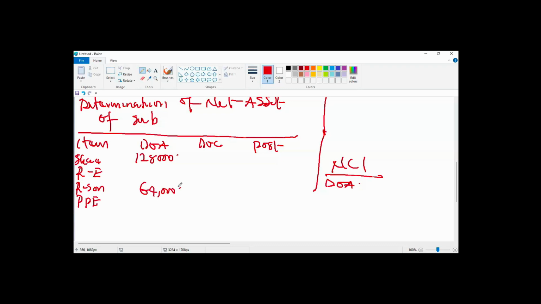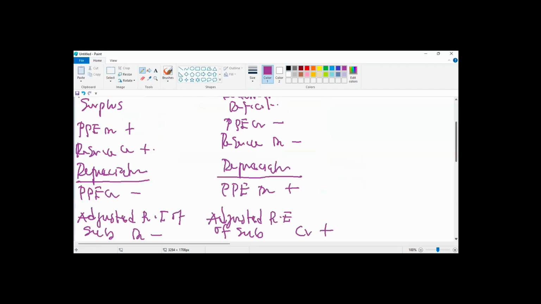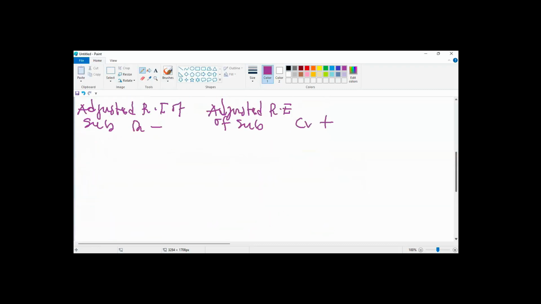This will create a depreciation problem. I'll go and calculate the depreciation. Either you give me the depreciation or you give me the useful life as at the date of acquisition. What did they say? Useful life, the remaining life of 5 years as at the date of acquisition, using the straight-line depreciation method.